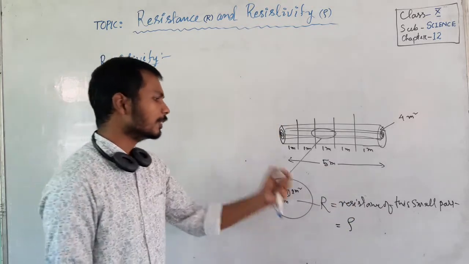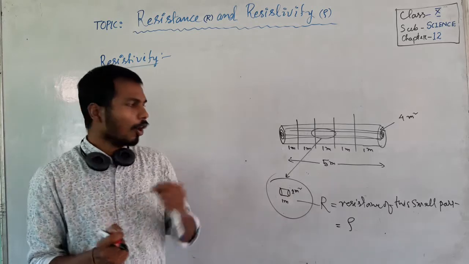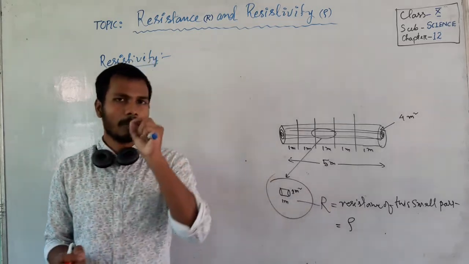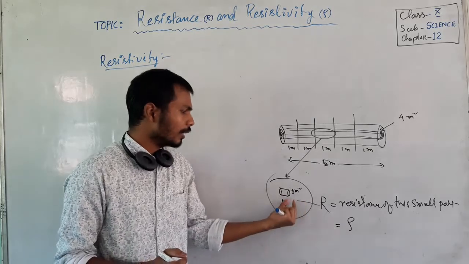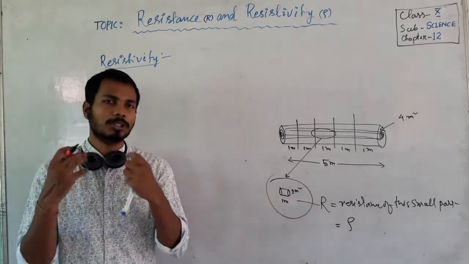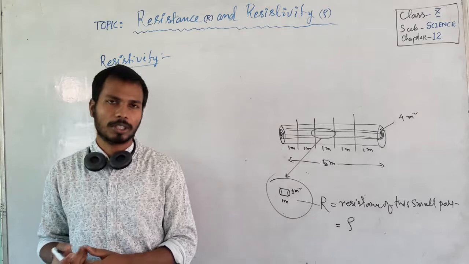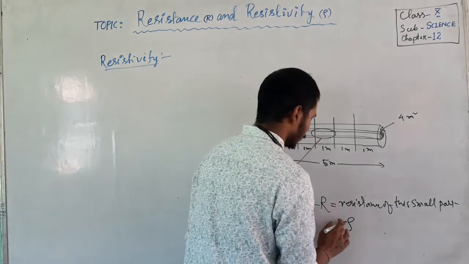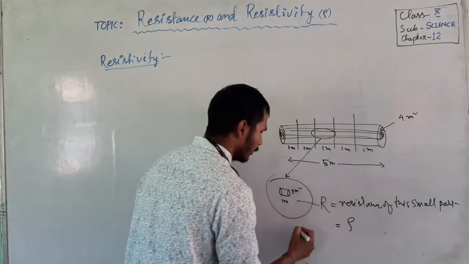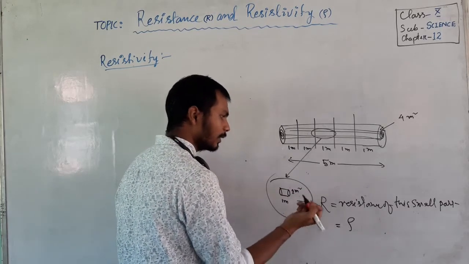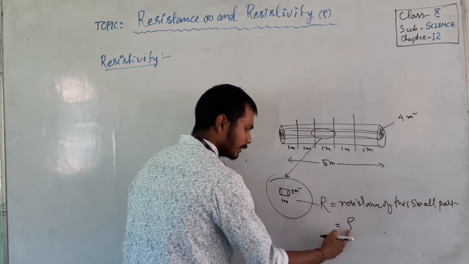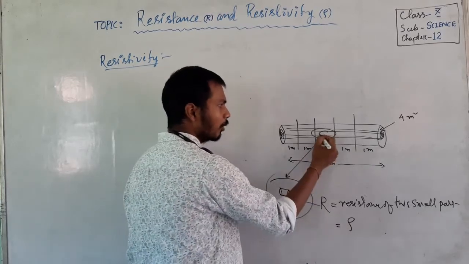Okay, so this resistivity is the resistance of the small part of a wire or a conductor whose length is 1 meter and whose area is 1 meter square, or whose dimension is 1 unit, in SI unit. So the relation between resistance and resistivity is this: resistivity is the resistance of a small element.